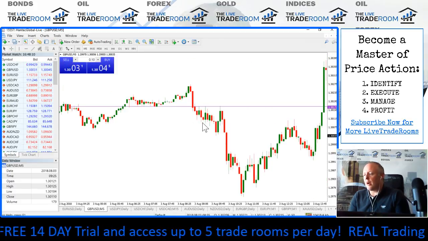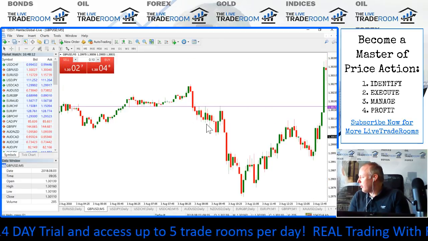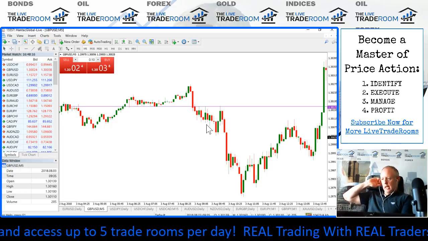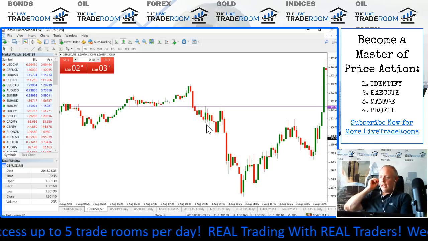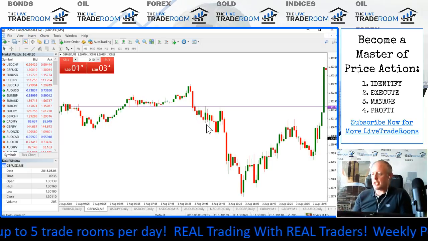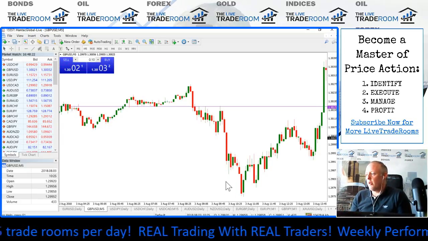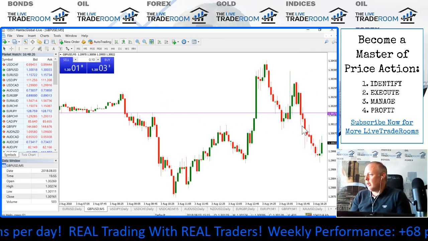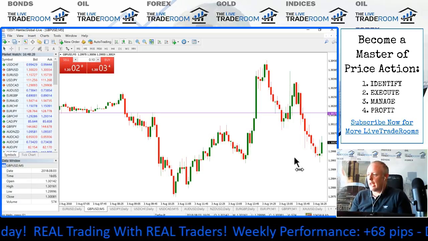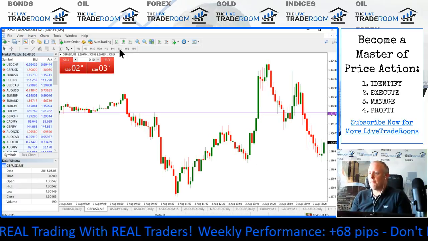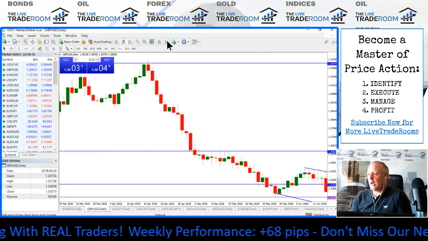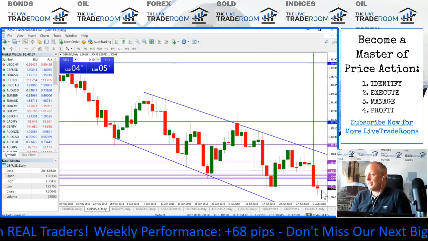A bit of up and down price action going into the Asian session before we got the strong move lower initially, and then some choppy range bound price action kicking in thereafter. So that's the story behind the pound, and it's reflected really in the current price action that we're seeing today.